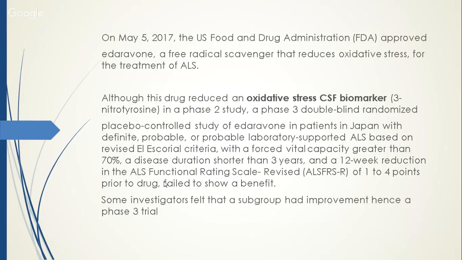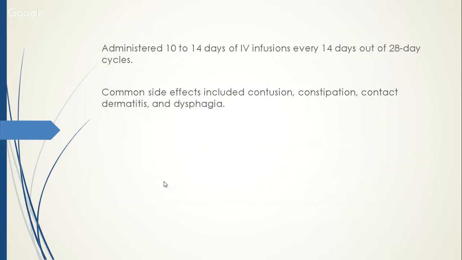Another medication, edaravone, is also a free radical scavenger and was recently under investigation. It was approved in the United States in 2017, but not in Europe. They did the trials in Japan using ALS functional rating scores from 1 to 4, and this medication really didn't show much benefit. However, the trial data was only over 6 months.